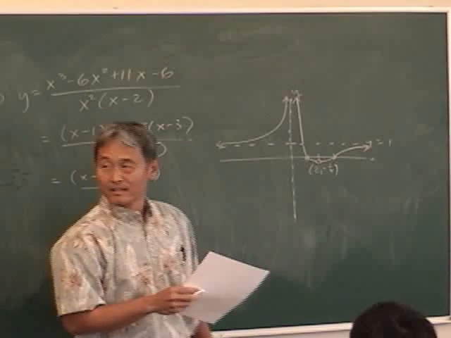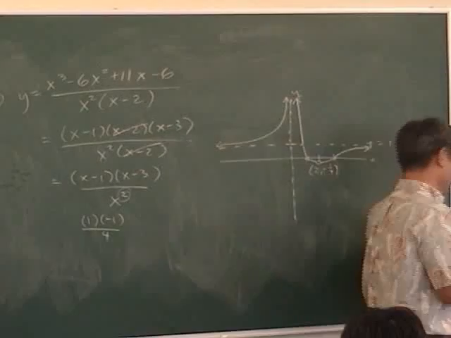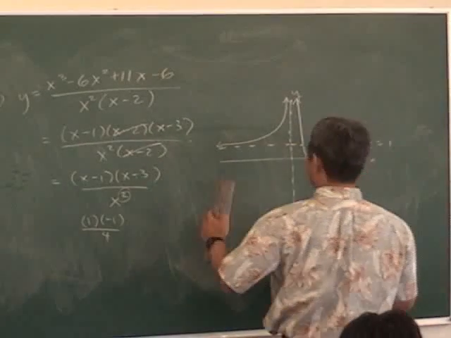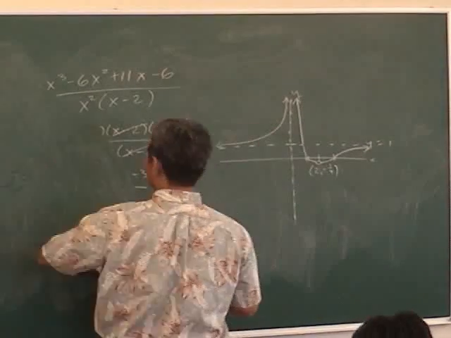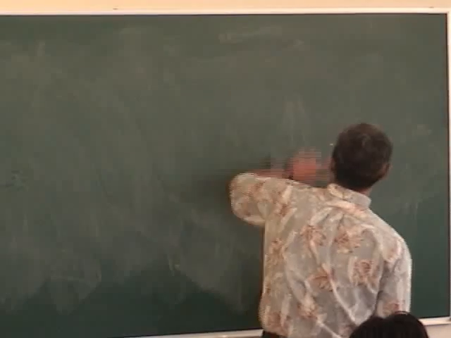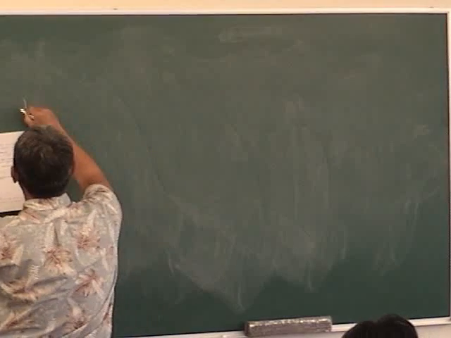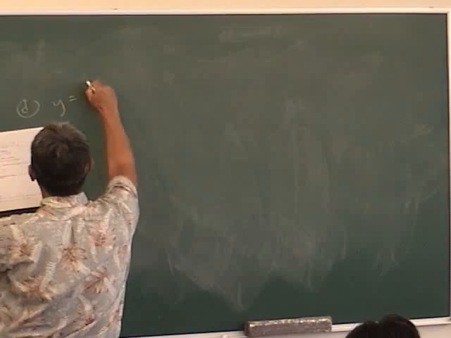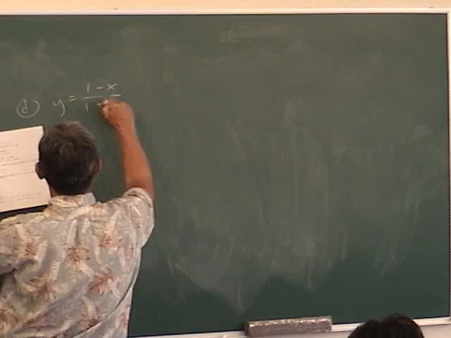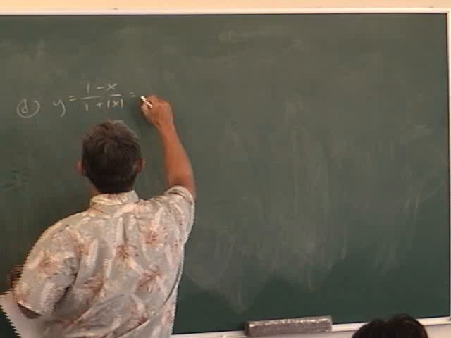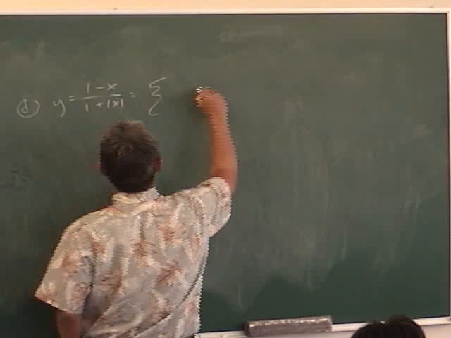Okay, and then D. Boom! This problem's going to be on the test. You're going to have to handle absolute value now. So D, y equals 1 minus x all over 1 plus absolute value of x. What do you do when you see absolute value? Piecewise function.